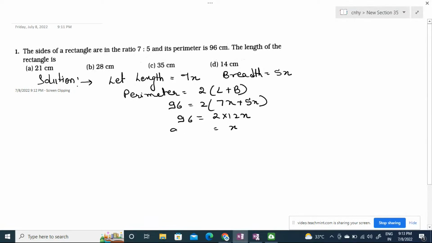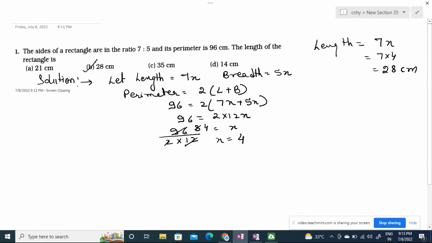That is 24x is 96. So x is 4. And now our length is 7 into 4, 28. Breadth is 5 into 4, 20. So option number B.